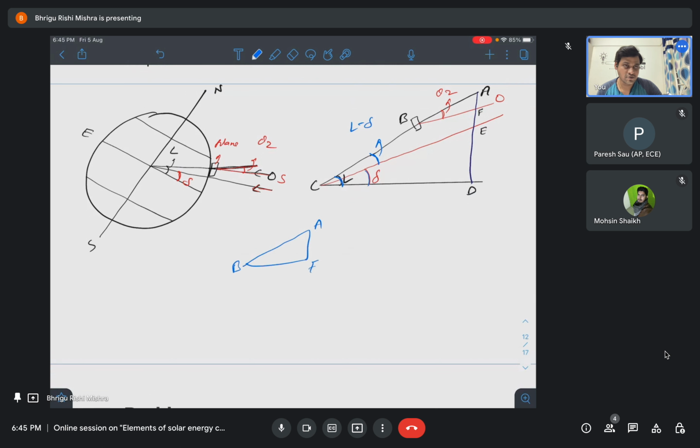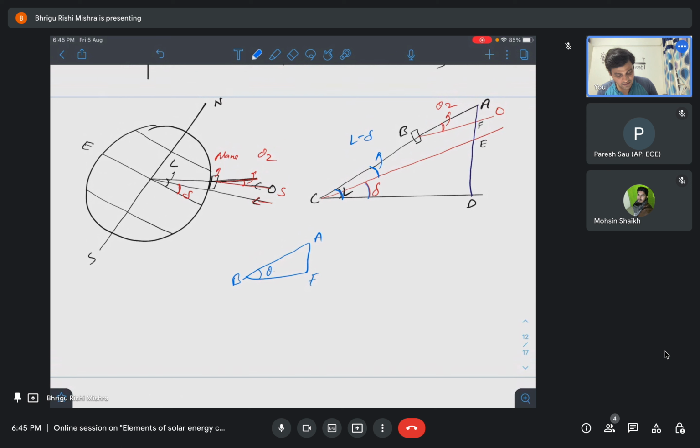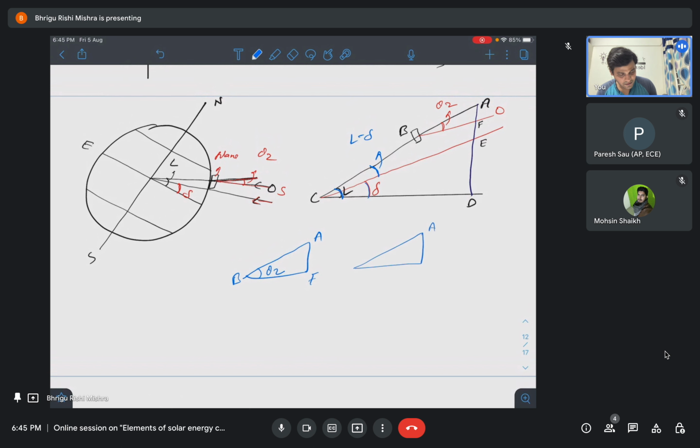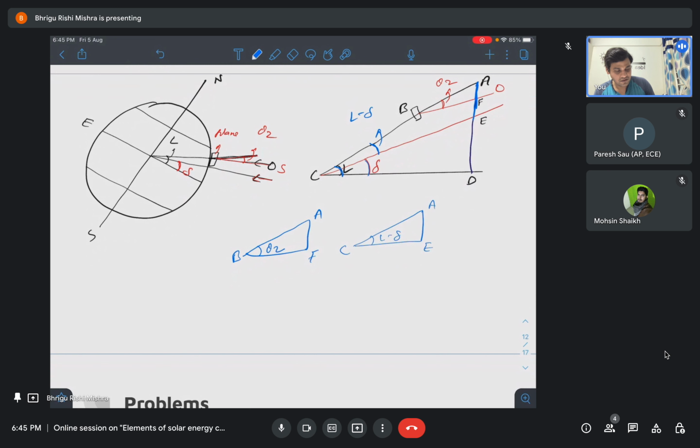So here I am just showing the derivation geometrically. This is theta z, and another triangle is AEC, and this is L minus delta. As you can see, AF and A are the same lines.